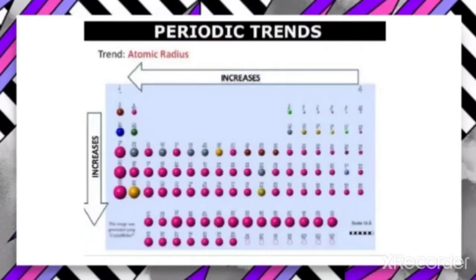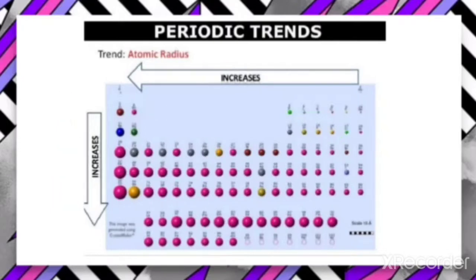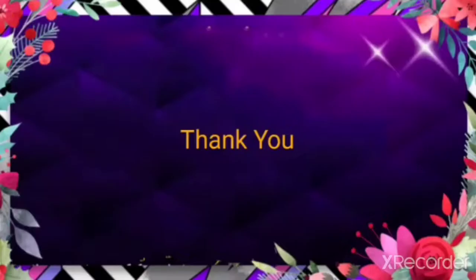So in the periodic table, atomic radius is increasing in this way and decreasing in this direction. That is what we call periodic trends, which we will discuss in the next video. So this is all about the atomic radius, which we have discussed in this video. So students, have a nice day.